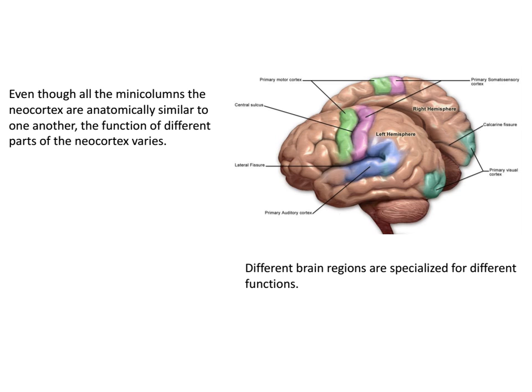So again, this is a very interesting idea: we have essentially the same anatomical structure, this neocortex, based on mini columns, which are little processing units. And yet the type of processing they do is very different depending on the part of the brain. This means that the basic anatomical structure of the neocortex is very flexible. It can do different types of information processing.